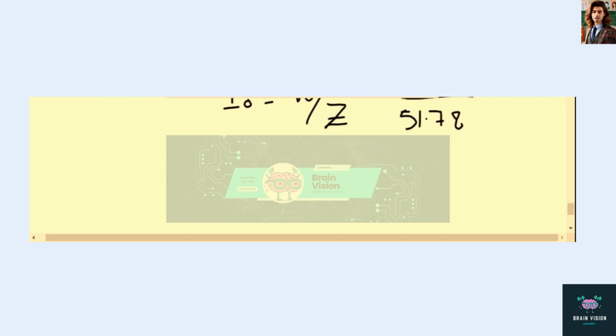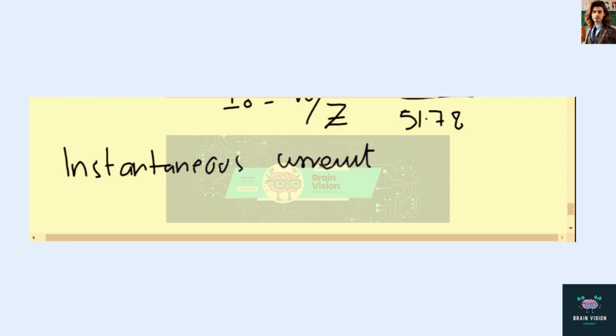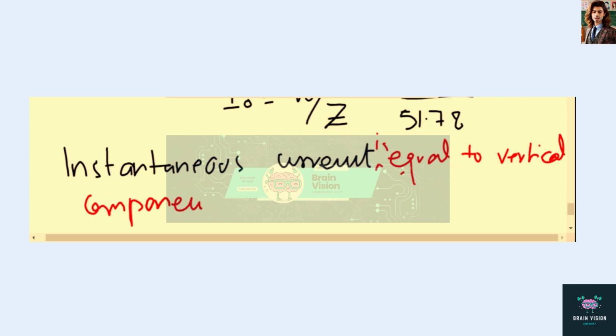Now, the next thing that we need to find out is the instantaneous current. This instantaneous current is equal to the vertical component of the current that we just found.